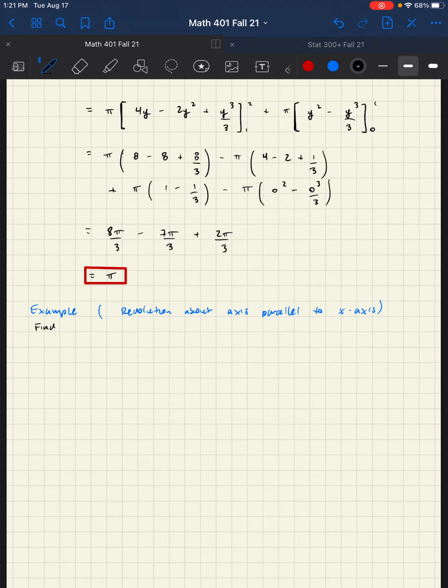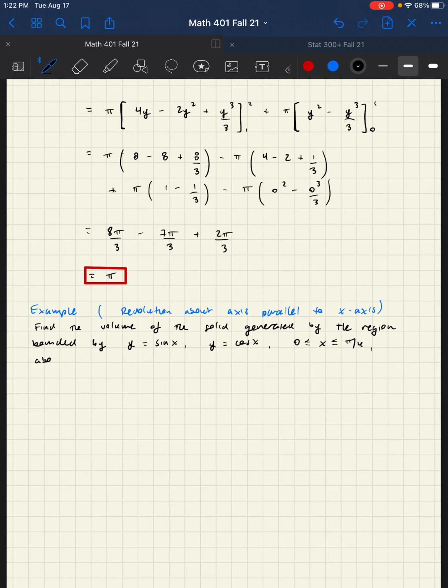Okay, so let's write out the problem. Find the volume of the solid generated by, these problems can be kind of wordy, the region bounded by y equals sine of x, y equals cosine of x, x between 0 and pi over 4, about y equals negative 1.